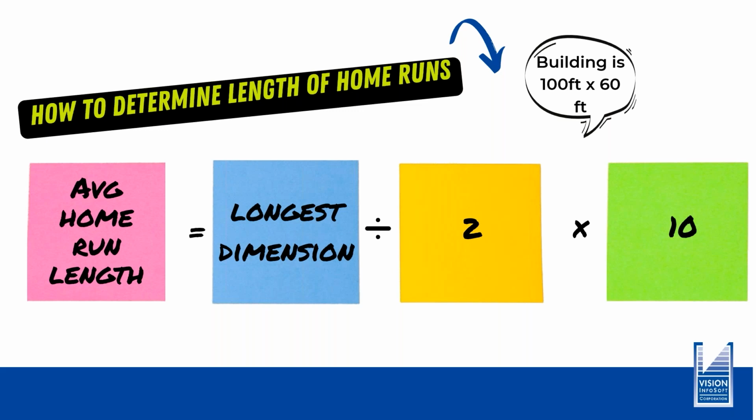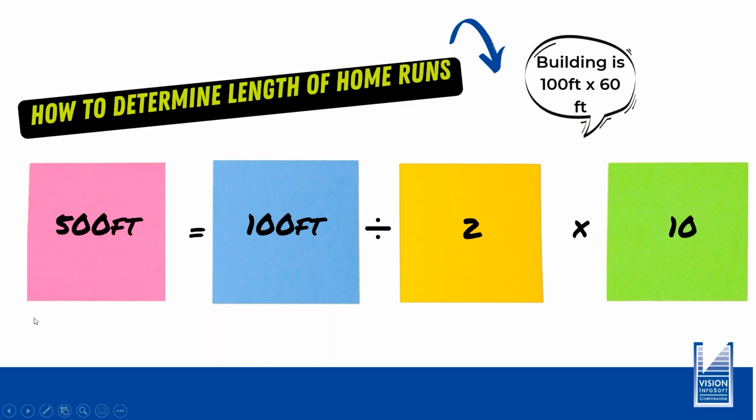So in this case, it'd be 100 feet divided by 2. That's going to give you your average home run. In this case, we decided we need 10 home runs. So our total amount of home runs is going to be 500 feet.